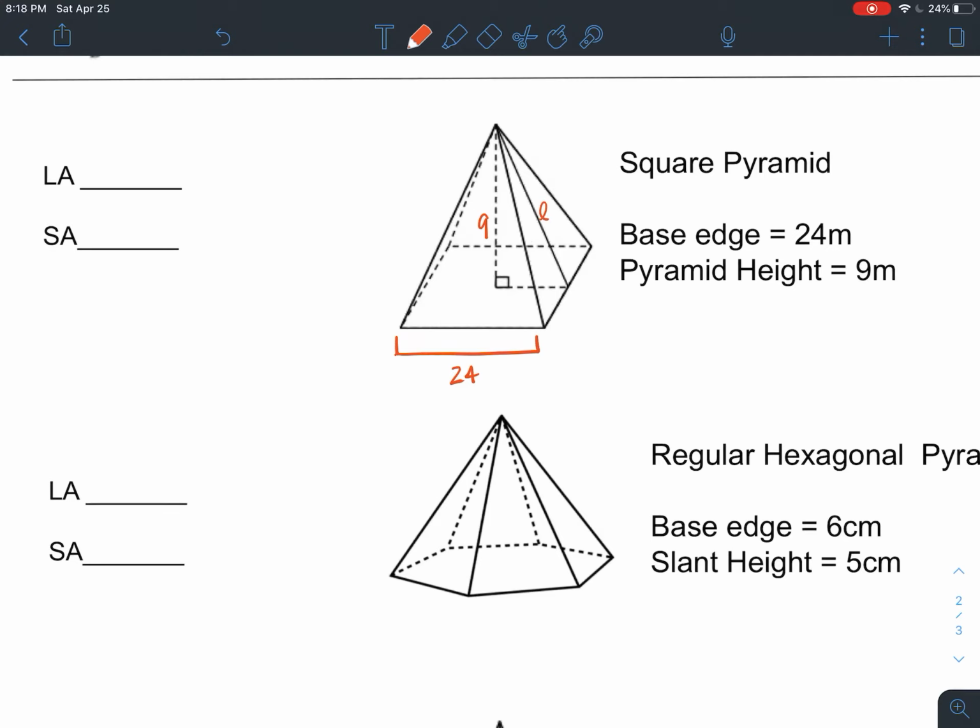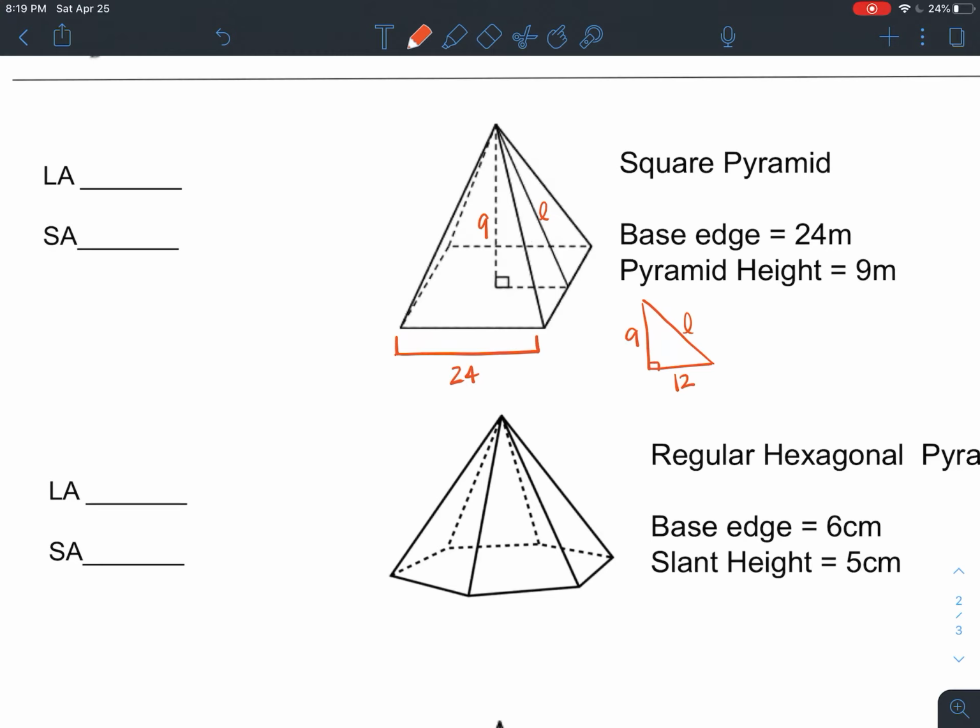One thing that we will need is this slant height, which if you take a look and you could slice that apart, here is my 9. Half of that 24 would give me 12, and then my lateral height would be the hypotenuse of that right triangle. So if I do 9 squared plus 12 squared, that gives me 225.